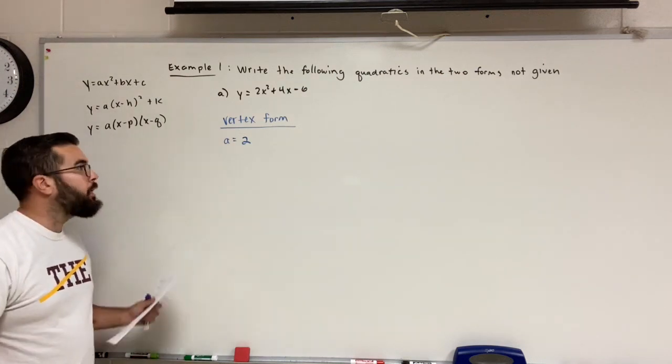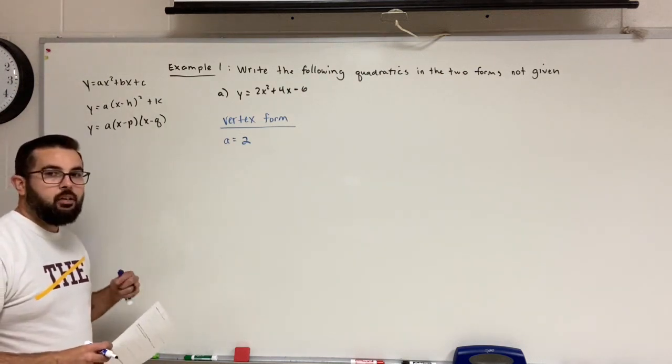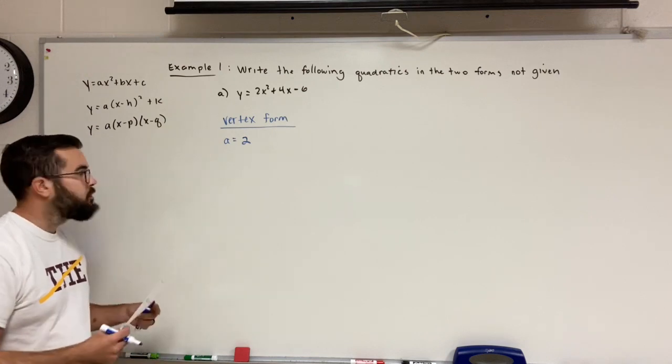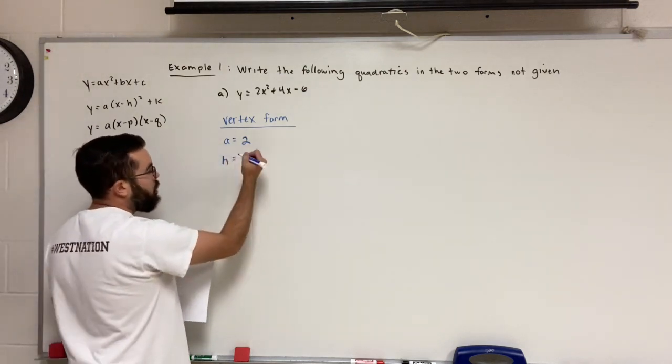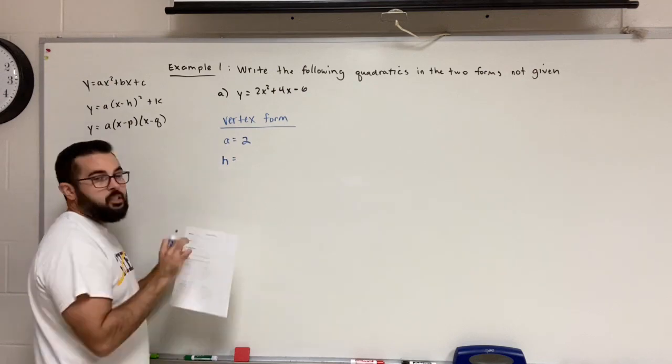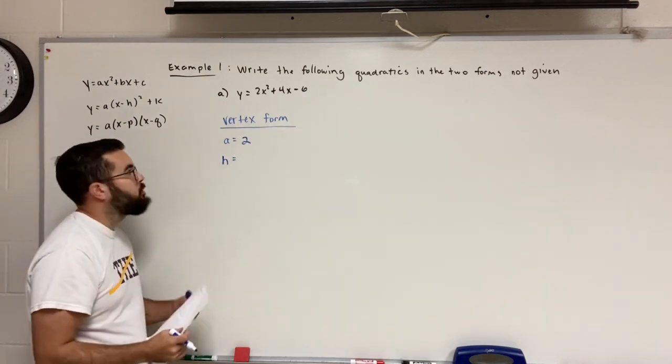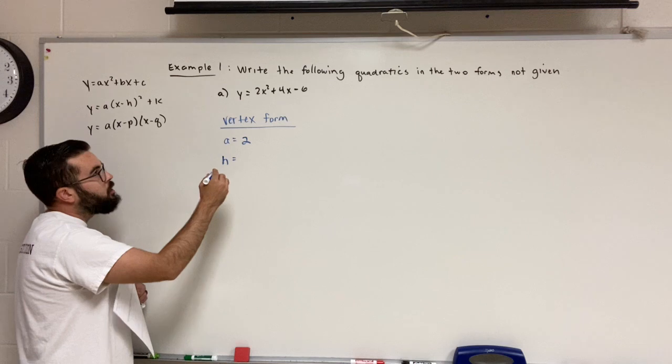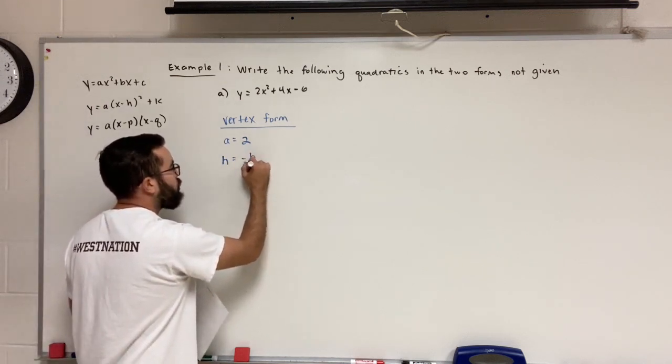Now h is the x value of the vertex. We talked about in the notes you just wrote above that to find the x value of the vertex, it's minus b over 2a.